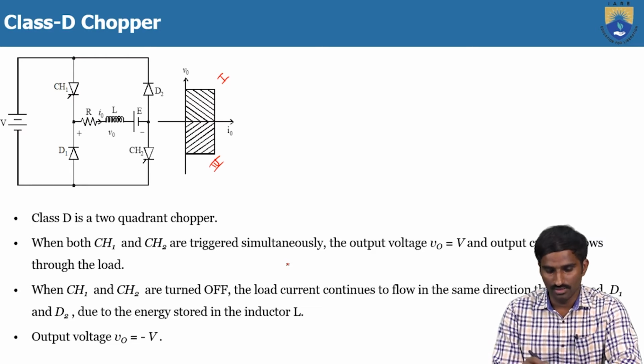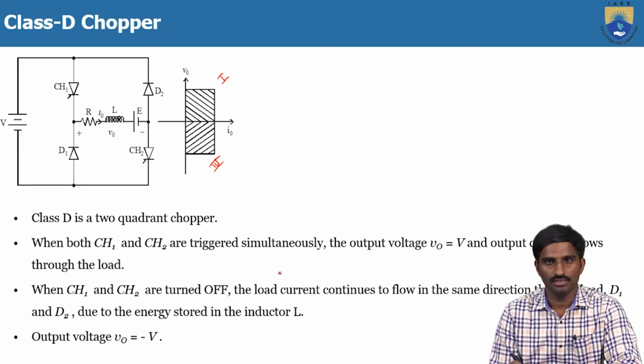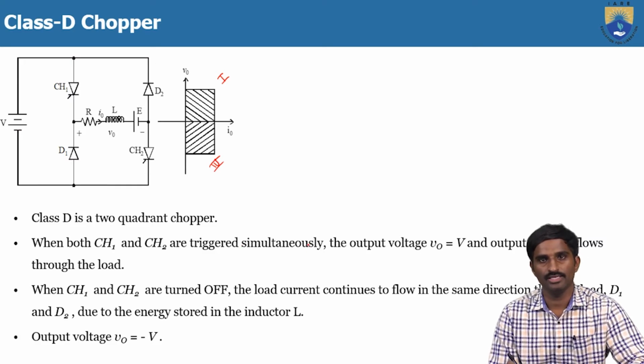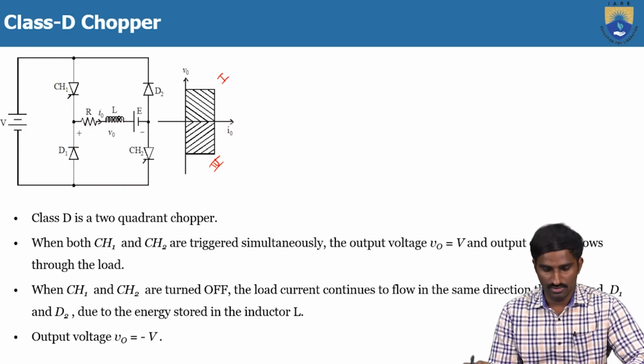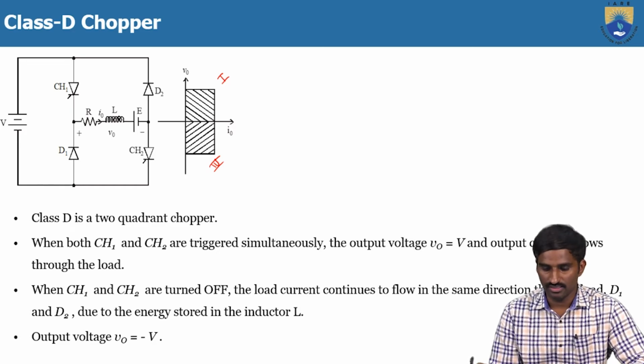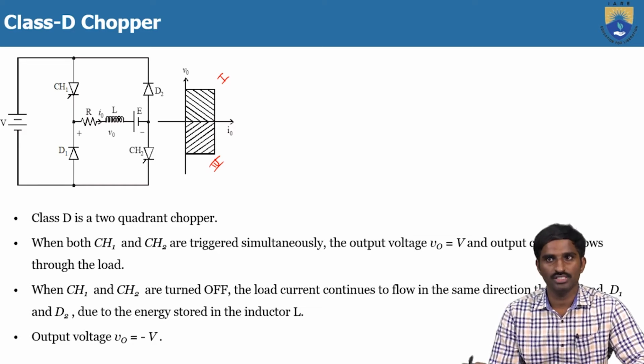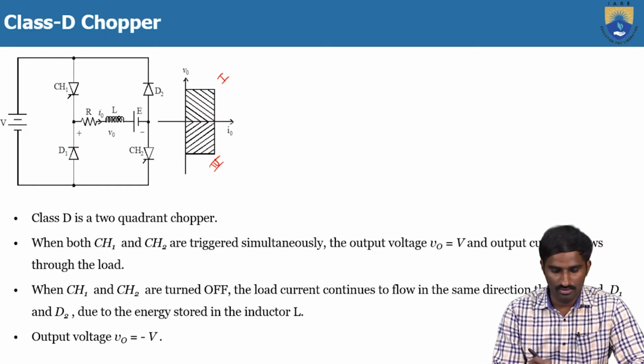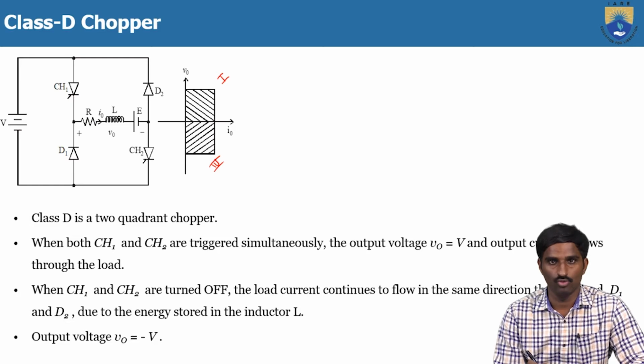In the first case, or mode 1, the chopper switches CH1 and CH2 are triggered simultaneously. Then the output voltage is positive and the output current flows through the load.